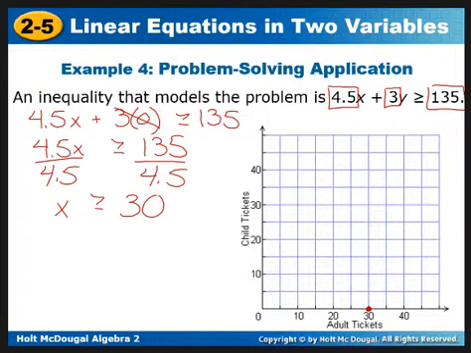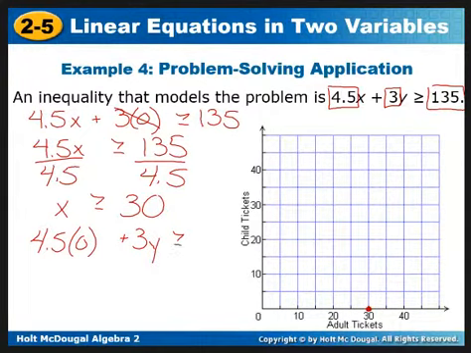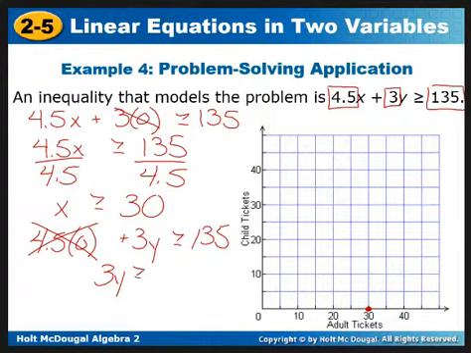Okay. Now I'm going to do the same thing, but in place of the x this time, I'm going to put 0, and I'm going to figure out what my y-intercept is. Okay, so essentially here, my whole x stuff is going to fall out. So 3y is going to be greater than or equal to 135.